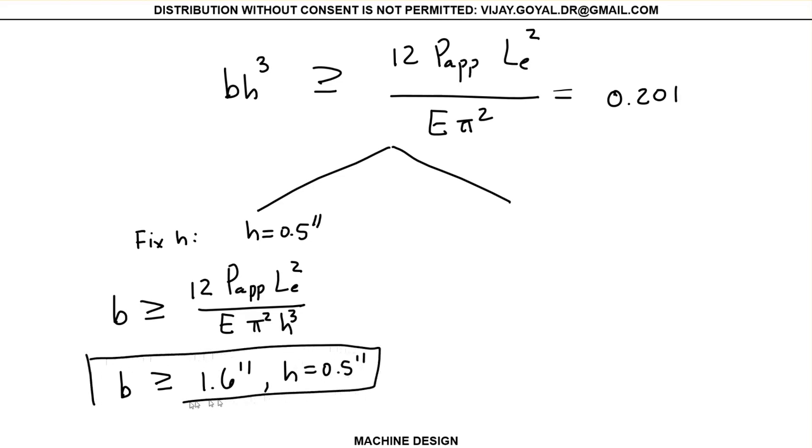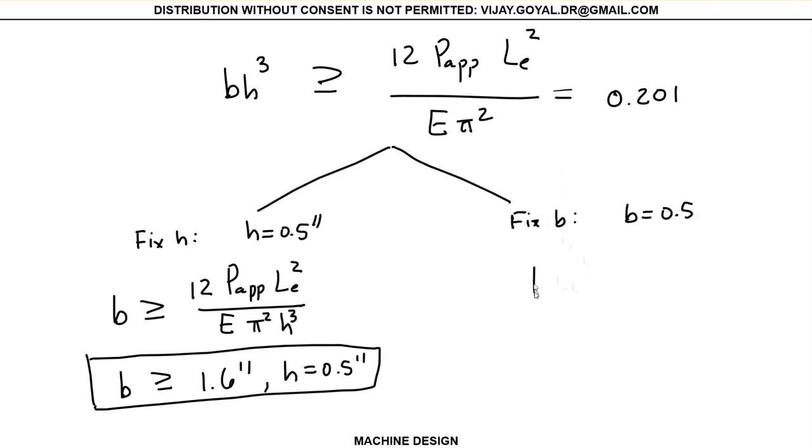The second option is, now let's fix b. So let's keep b equal to 0.5. Let's not change b, and we solve for h.